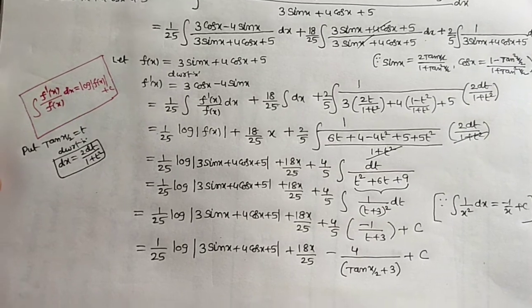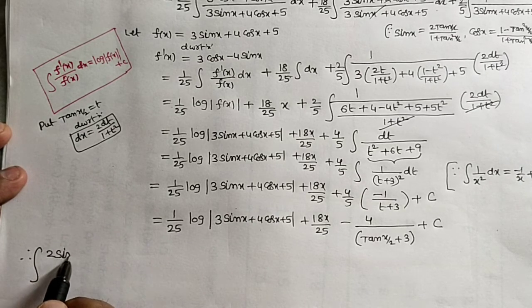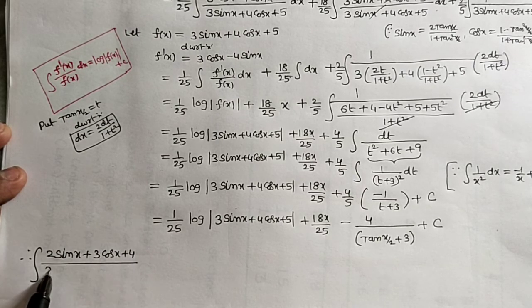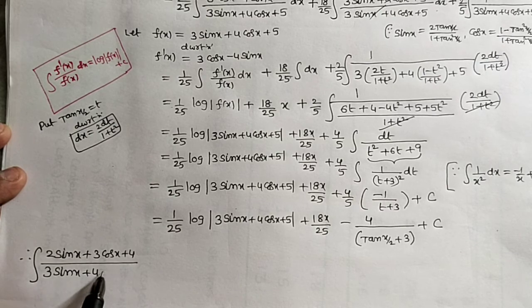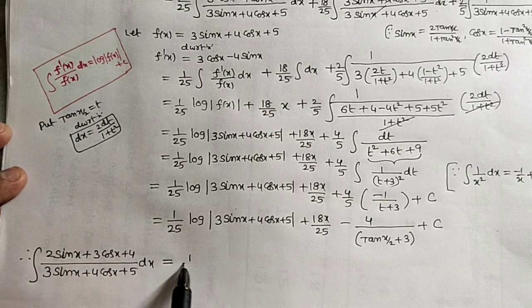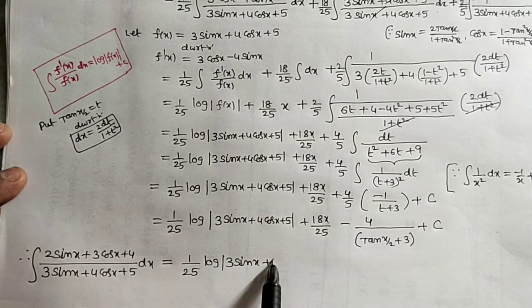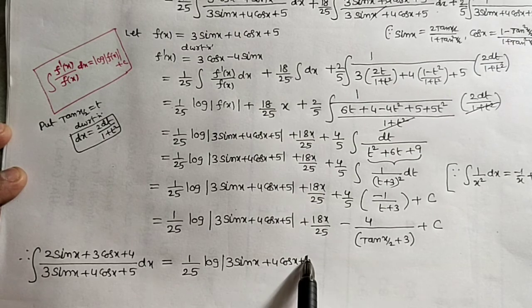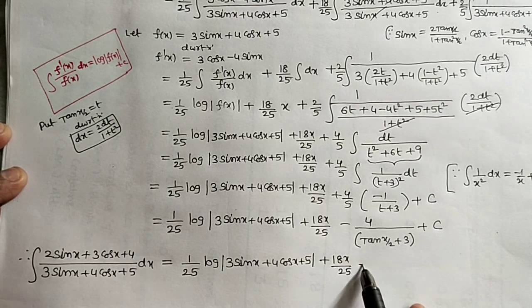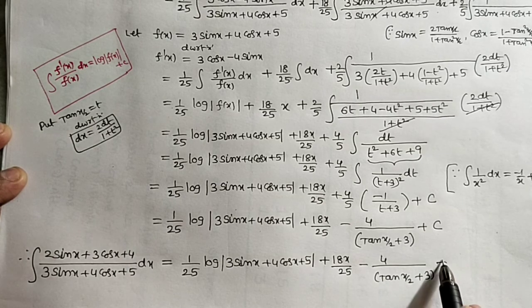Therefore, conclusion step: integral of 2 sin x plus 3 cos x plus 4 whole divided by 3 sin x plus 4 cos x plus 5 into dx is equal to 1 by 25 into log mod 3 sin x plus 4 cos x plus 5, plus 18x divided by 25 minus 4 divided by tan x by 2 plus 3 plus c.